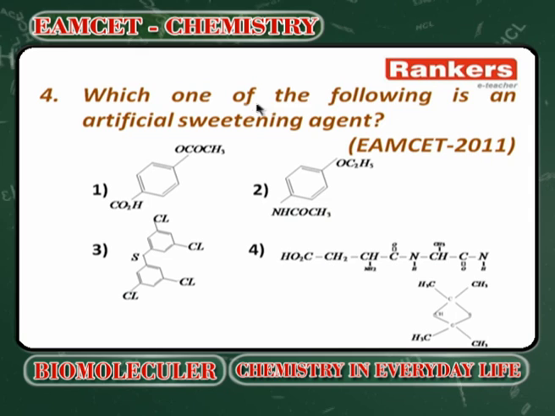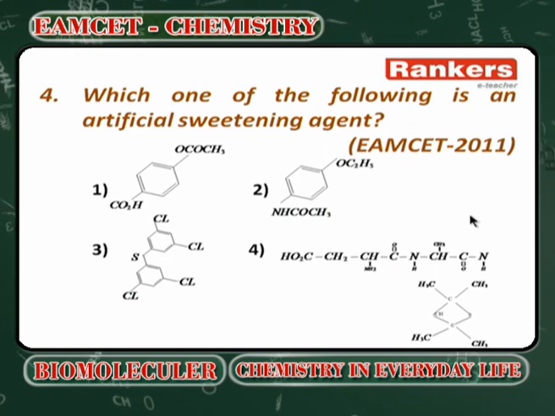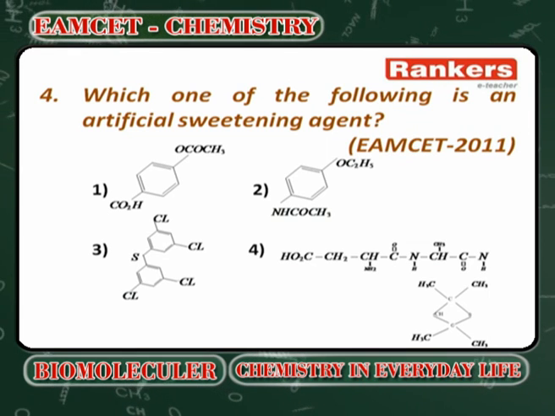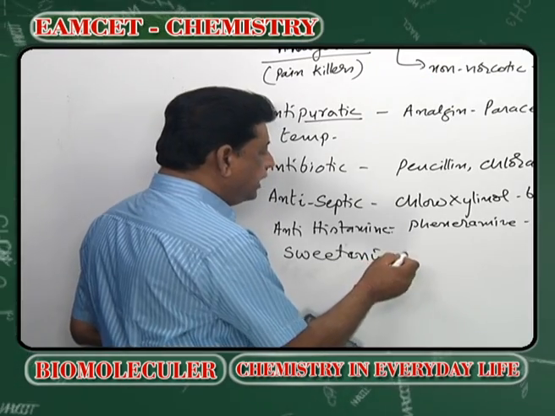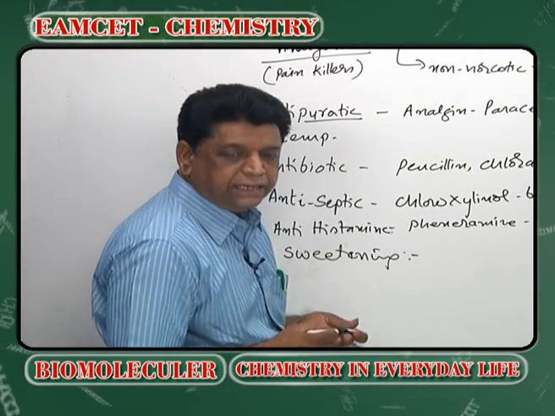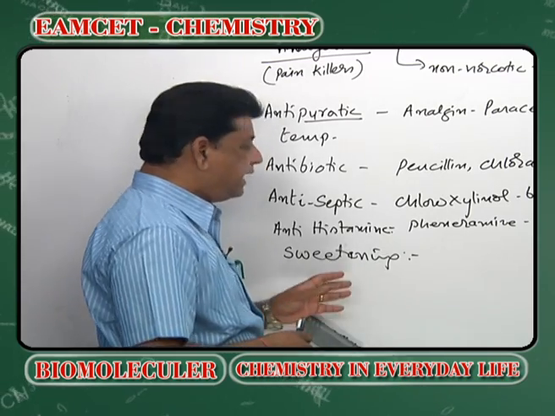Which one of the following is an artificial sweetening agent? Actually, we use sucrose that contains glucose and fructose, that is cane sugar.